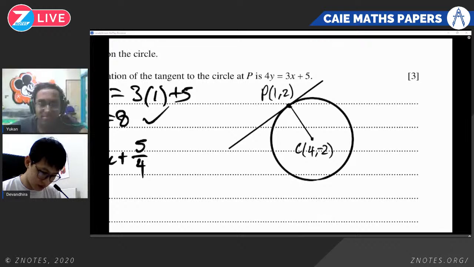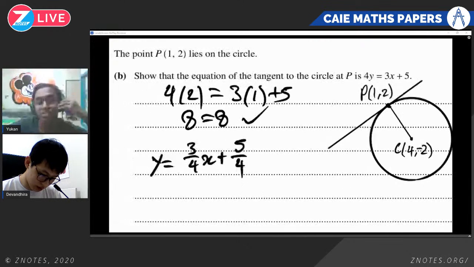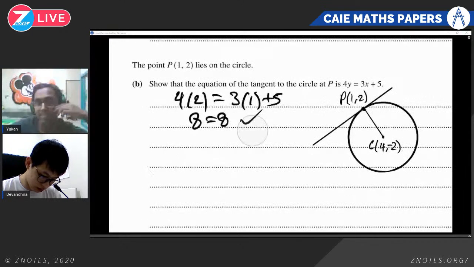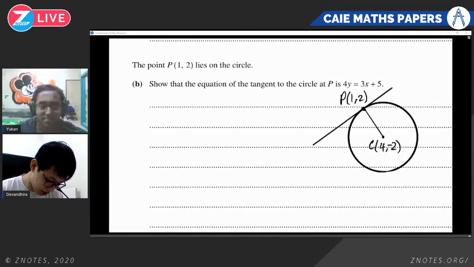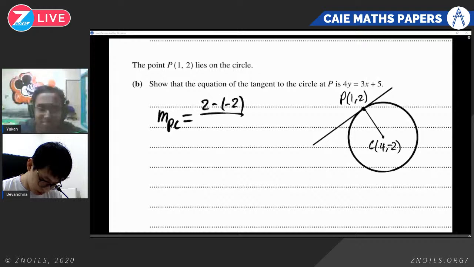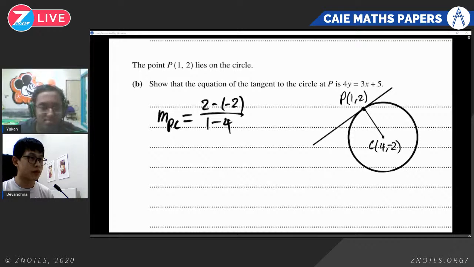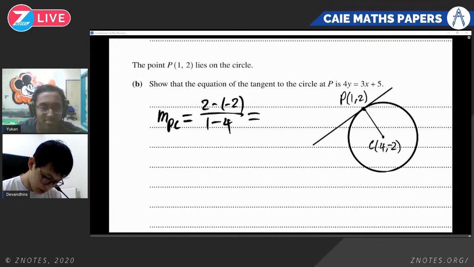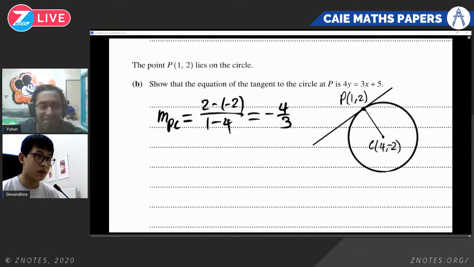What's the gradient of this line? That's the change in y per change in x. That is m of PC, which is 2 minus 2 over 1 minus 4, correct? Right. Which is negative 4 over 3, right? Yep.